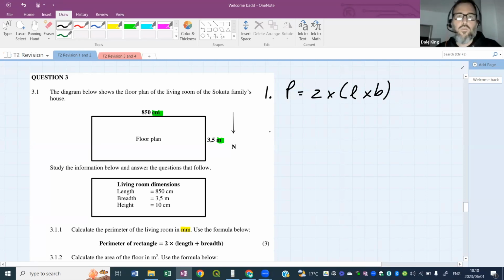I'm just writing the formula out. All right, no worries. You guys still keep going. You do have to do some converting first before you go into the formula, so it does take a little bit of time. It's for 3 marks, this question.